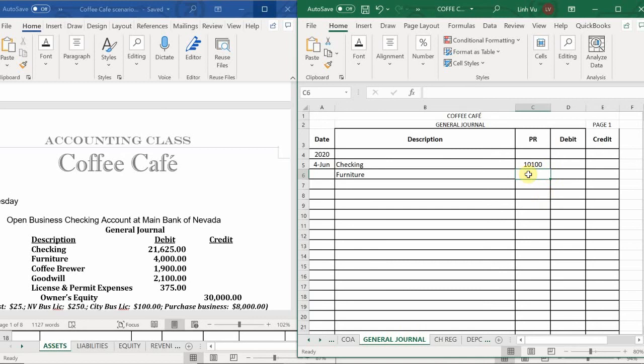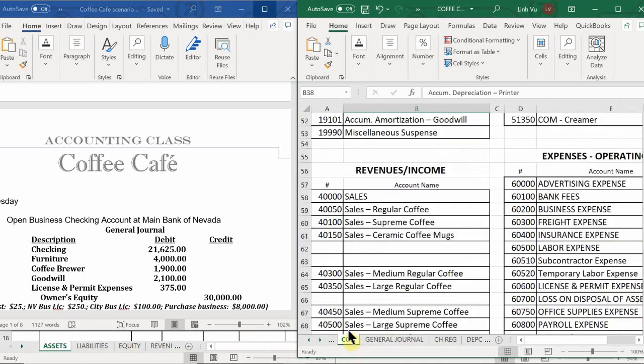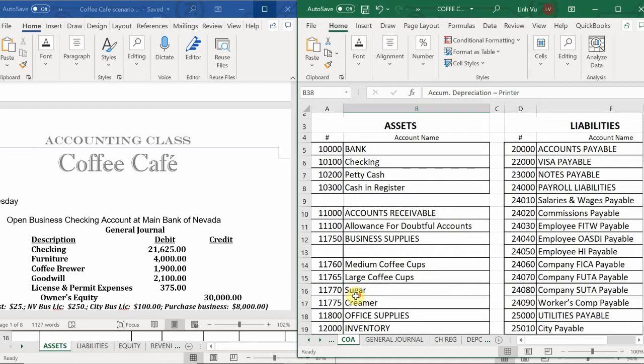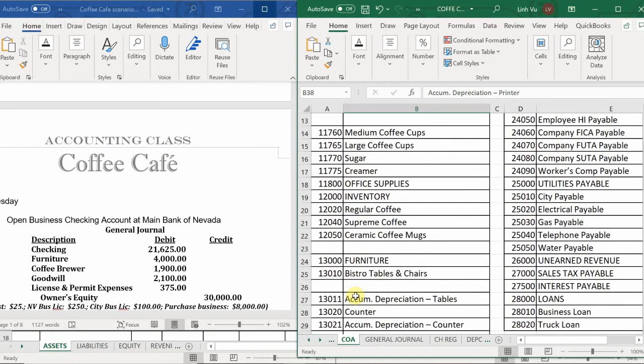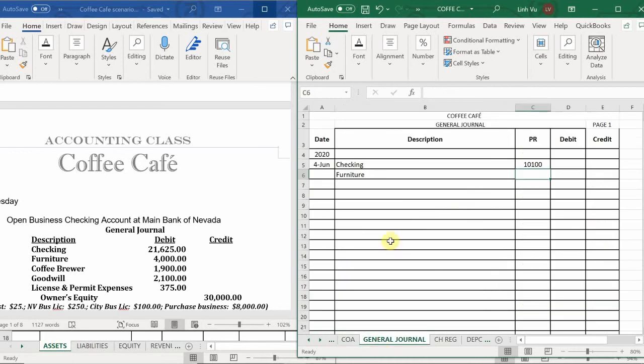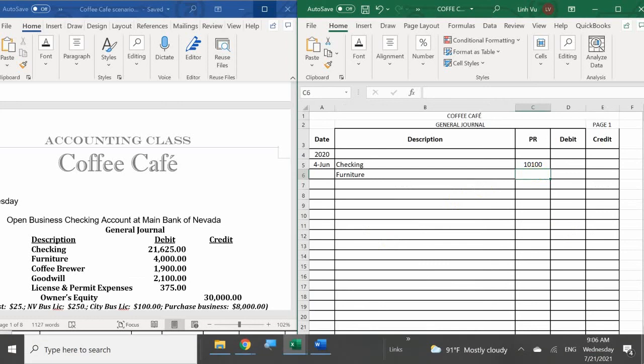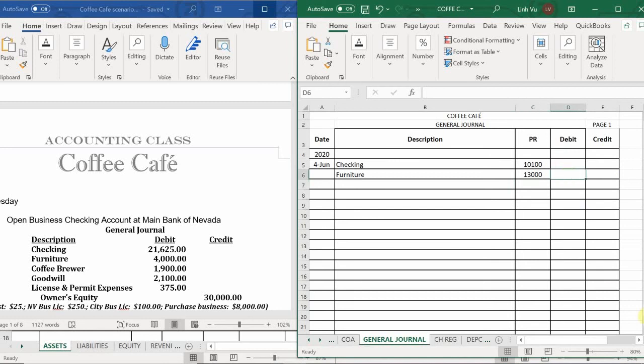Again, furniture was account number 1,300. And because I acquired an asset, I'm increasing my assets. So that tells me I need to debit my account for 4,000, because I gained an asset.